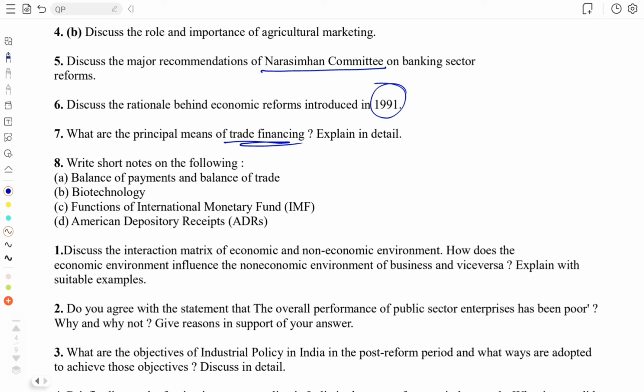Next one is functions of the International Monetary Fund, IMF. So what is IMF? IMF is an international organization that aims to reduce global poverty, encourage international trade, promote financial stability and economic growth. There are around 190 countries who are members of IMF, and the representation in IMF is based on financial positioning. That is, countries with stronger financials will have more power than the weaker ones, okay.